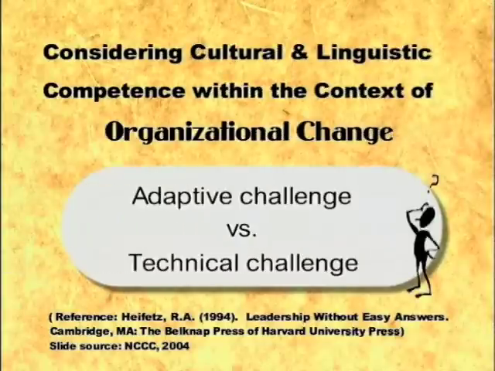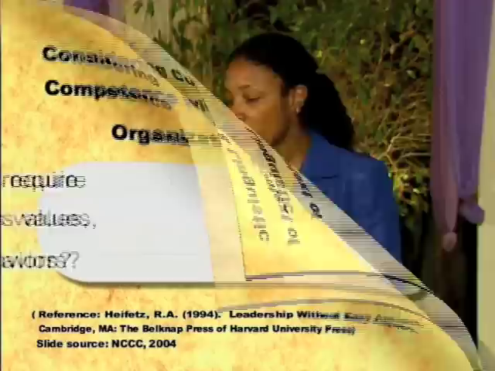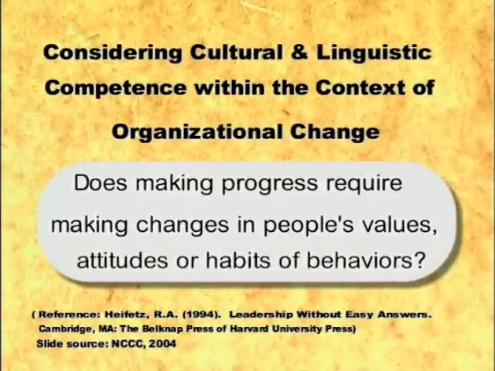There is the concept of adaptive challenge and technical challenge. Typically in the work that we've done nationally, we've seen people approach cultural and linguistic competence as a technical challenge, looking at a fairly simple solution to something that's very complex. We believe that achieving cultural and linguistic competence is not just a technical challenge, but also an adaptive challenge. A way in which we're able to differentiate between the two is by simply asking the question: does making progress require making changes in people's values, attitudes, and/or habits of behaviors?